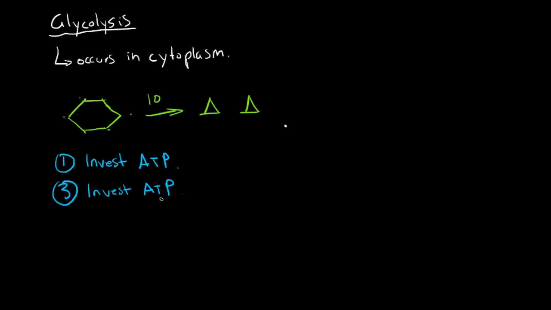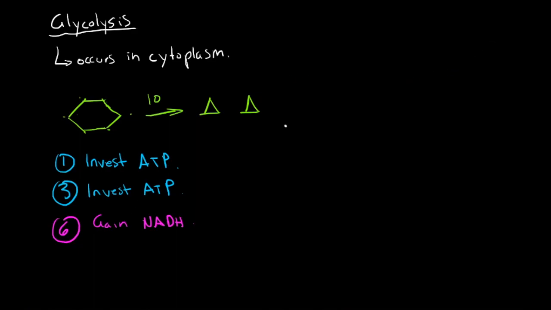Then comes step 6. If we look at step 6 here, we'll do this in another color. We are gaining an NADH. So an NAD is being reduced, so it is gaining a hydrogen onto it. So we're going to put gain NADH, which will be important, as we'll see in the coming videos.